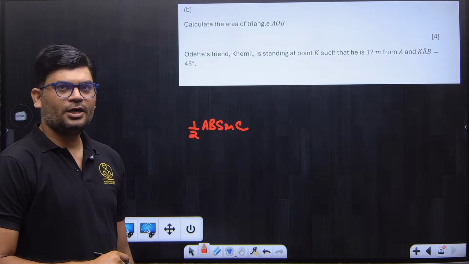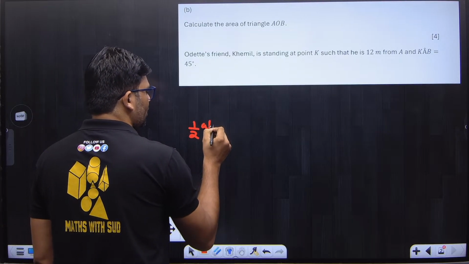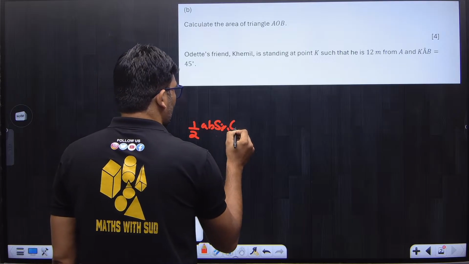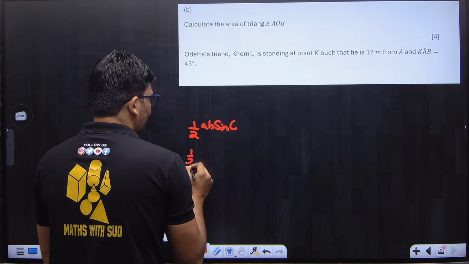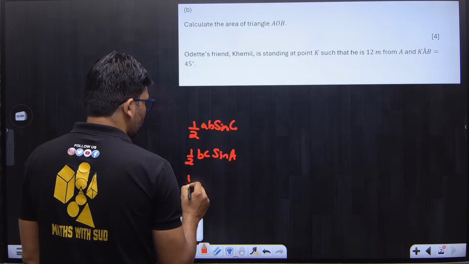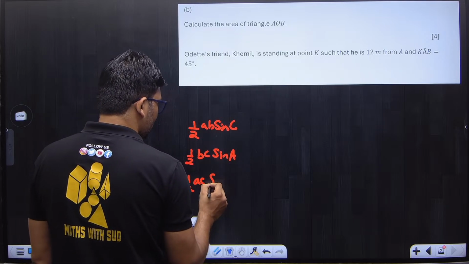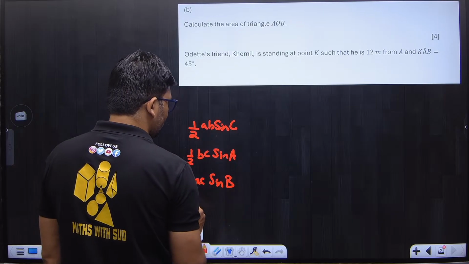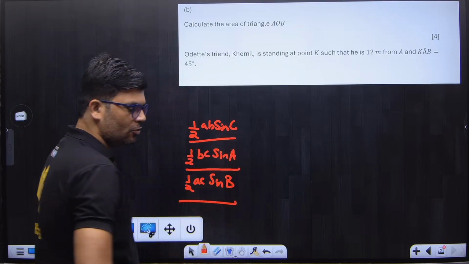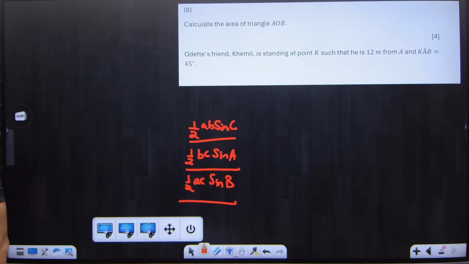Half into ab sine C. I think ab must be written in the smaller way. And you can also say half into bc into sine A, or you can say half into ac into sine B. These are the three general formulas. I hope that you know it. I asked you to write it in the last class as well.